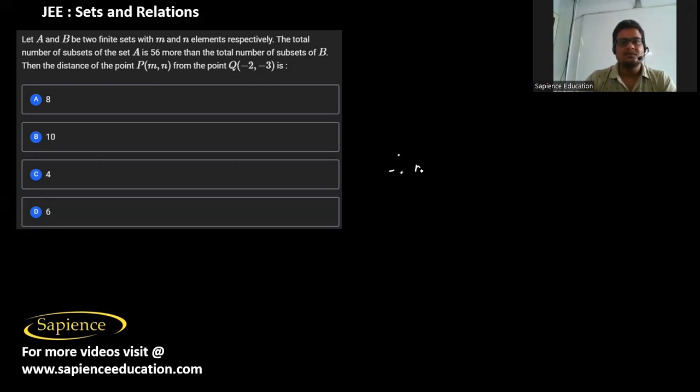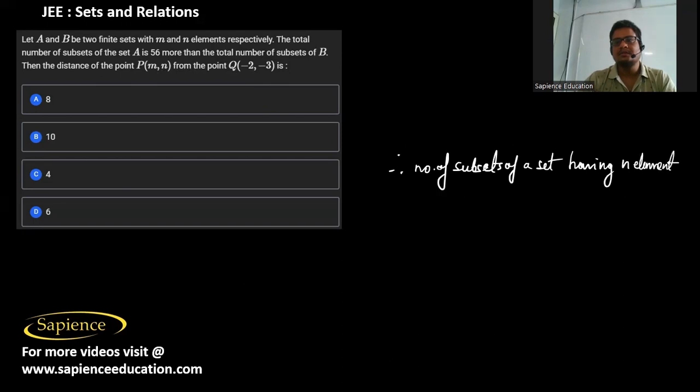So as we know, the number of subsets of a set having n elements is given as 2 power n.